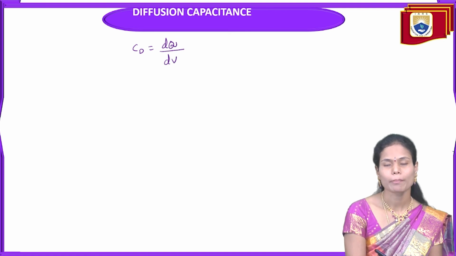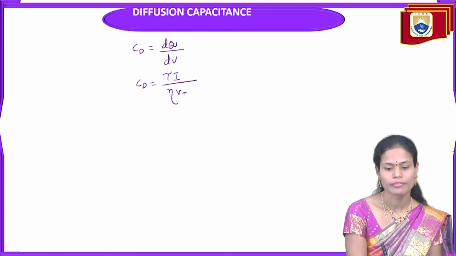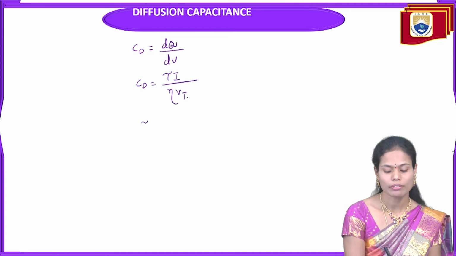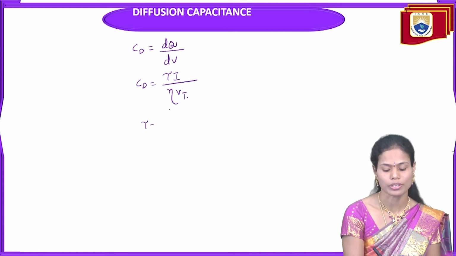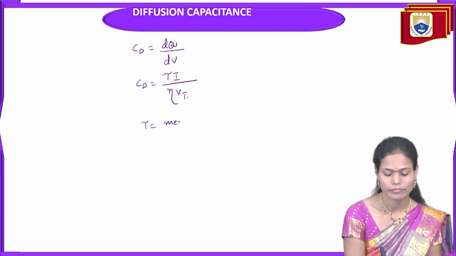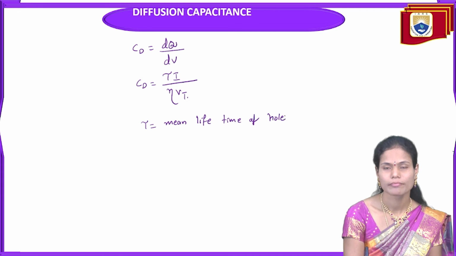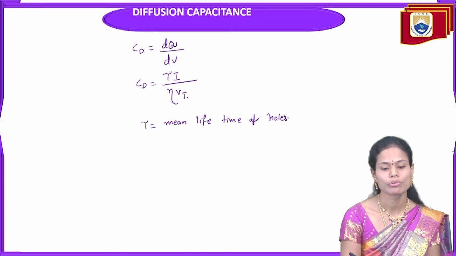So the diffusion capacitance can also be determined from the expression CD equal to tau I by eta Vt here. Here tau is nothing but the mean lifetime of the charge carriers, or holes here. Mean lifetime of the holes here.